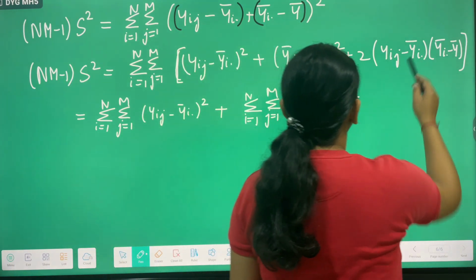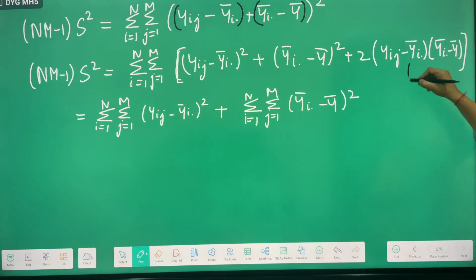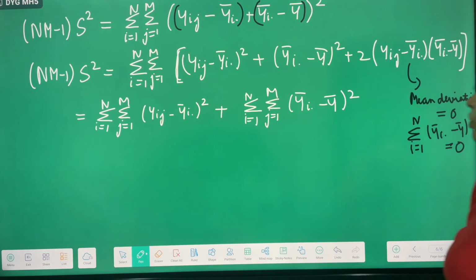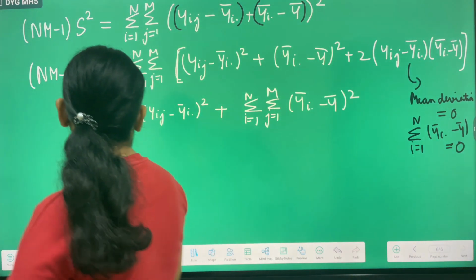Now the cross term, if we take summation over here, will become mean deviation, which is always equal to 0. Suppose I am taking summation i goes from 1 to N, y bar i dot minus y bar; this will be equal to 0. So we are not writing that.